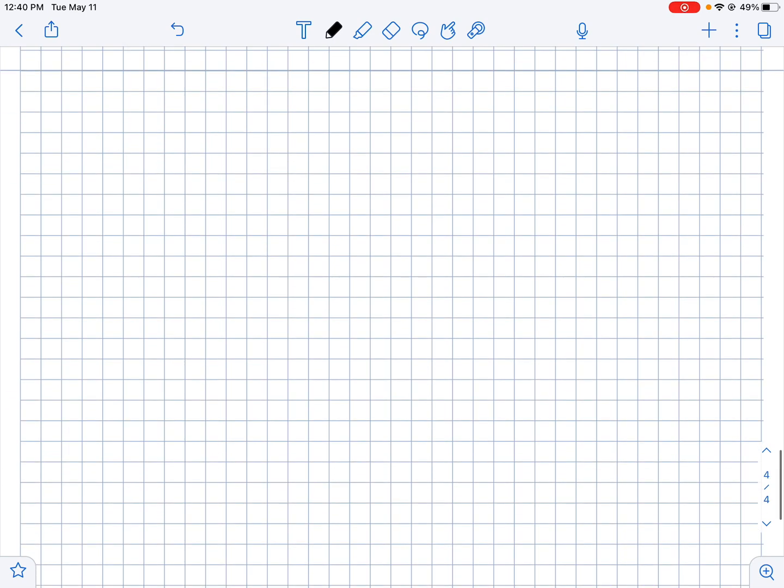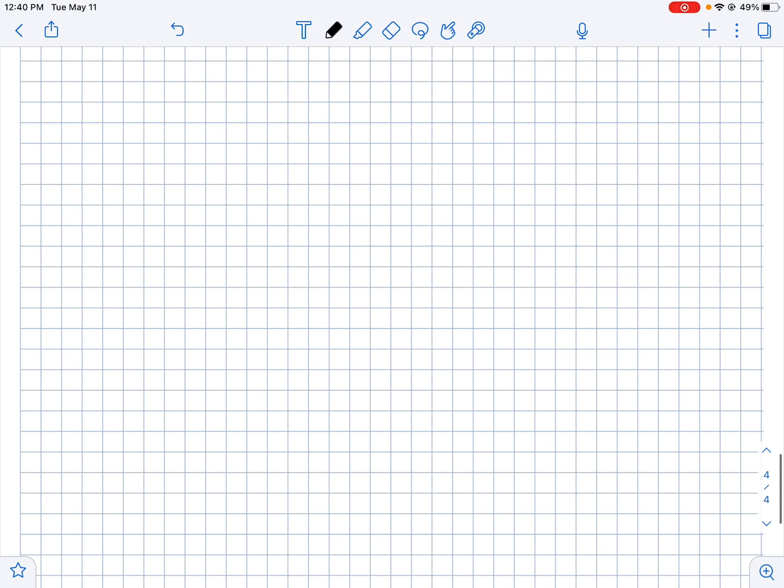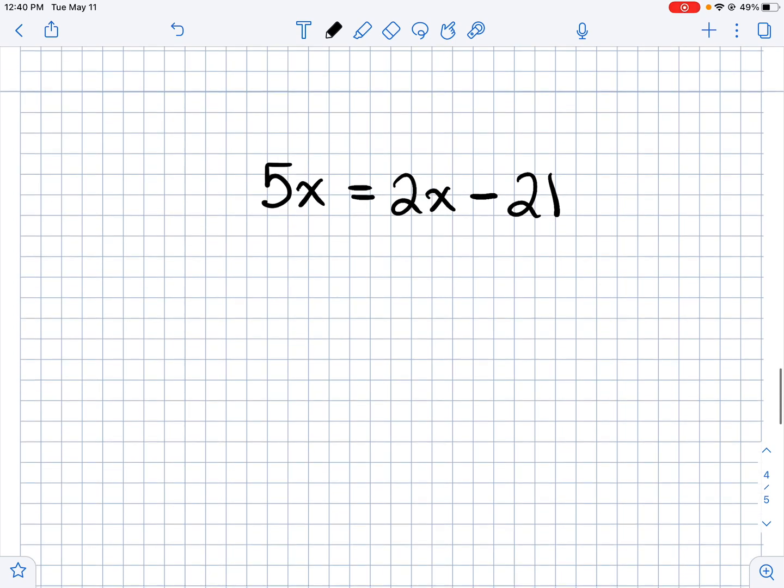Sometimes we might even have to move an x around. Like what if we had 5x equals 2x minus 21? Okay, so now we have lots of x's. All right, so we've got a left side and we've got a right side.